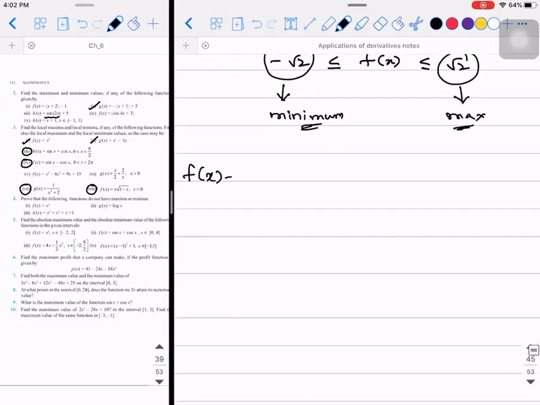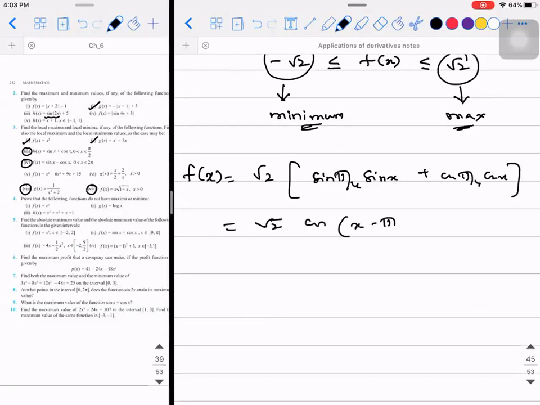In the first place I wrote 1 by root 2, we can change it. So I can write it as sin pi by 4 sin x plus cos pi by 4 cos x. So what is this thing? Cos of x minus pi by 4, or I can write it as cos of pi by 4 minus x. That is my wish, because cos of minus theta is cos theta, known fact.